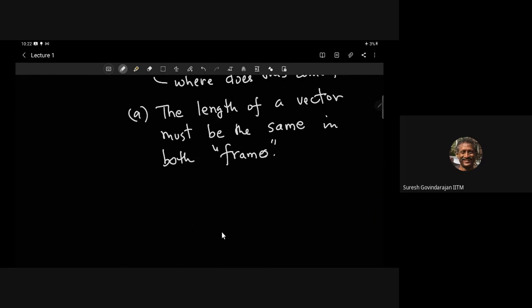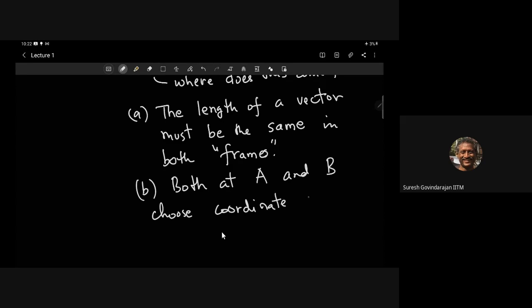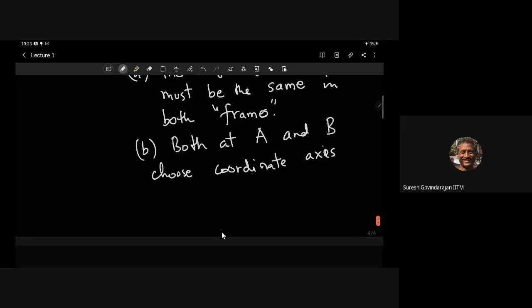Okay, so the additional property is that both A and B choose coordinate axes that are orthogonal to each other.